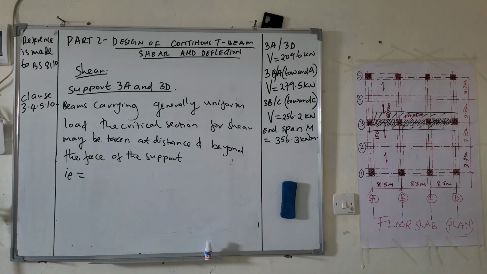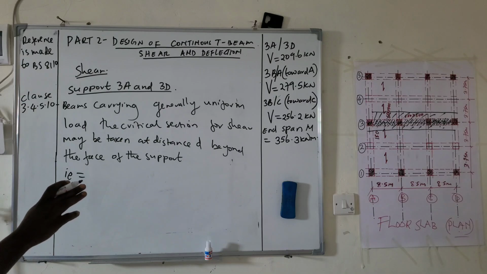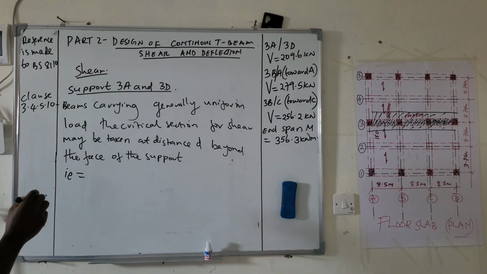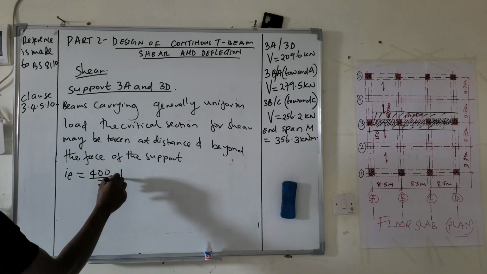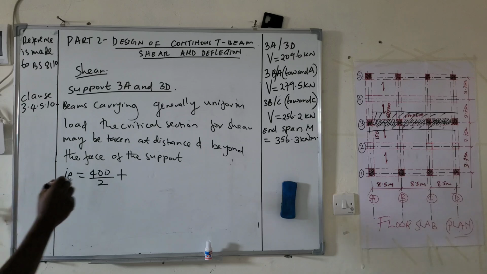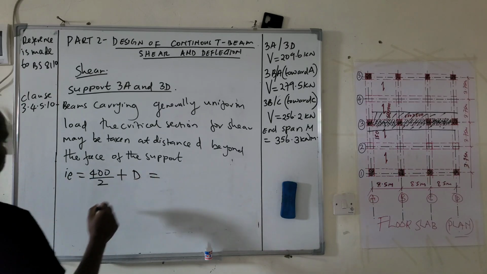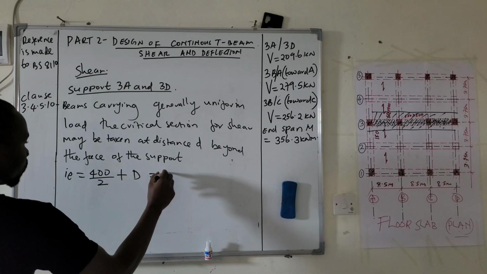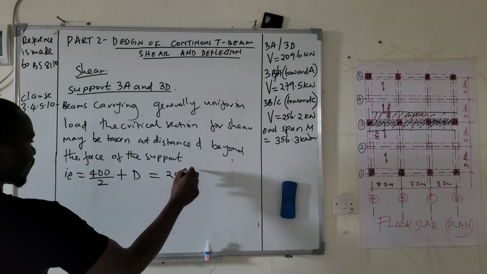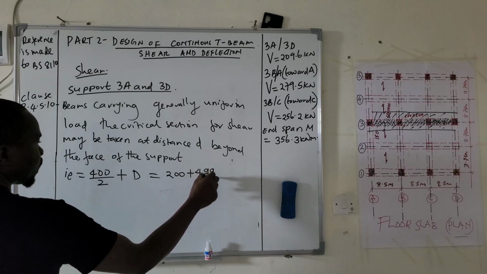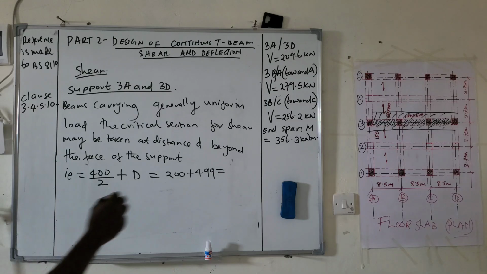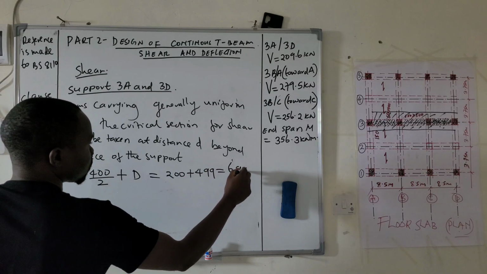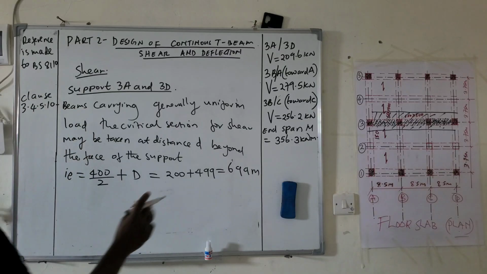So the critical section for this column will be half of 400 plus D. So this is 200 plus D, which is 499, so this is equal to 699 millimeter.